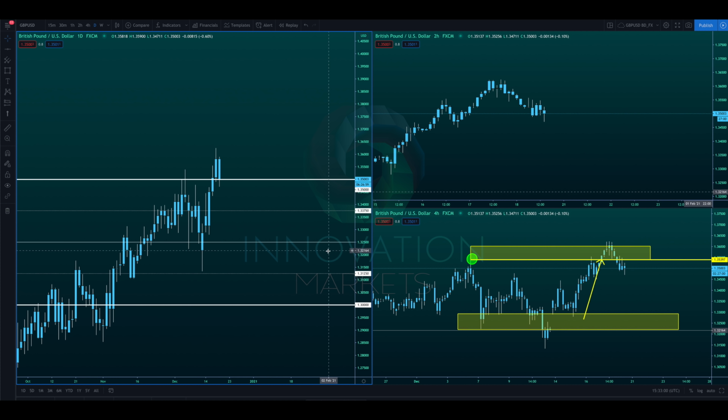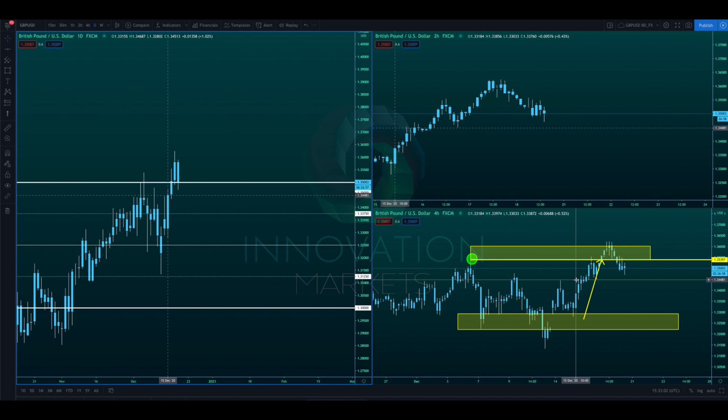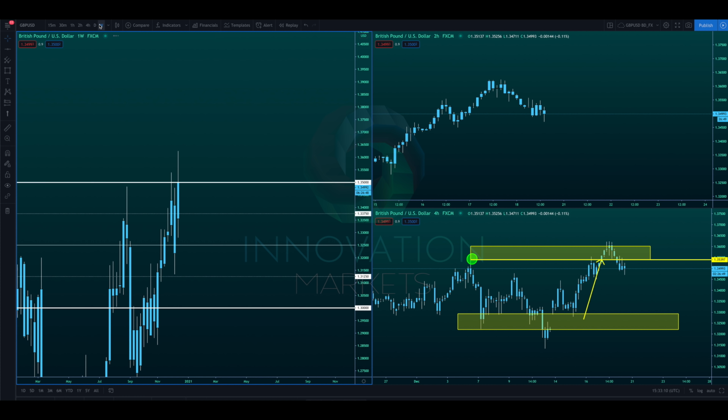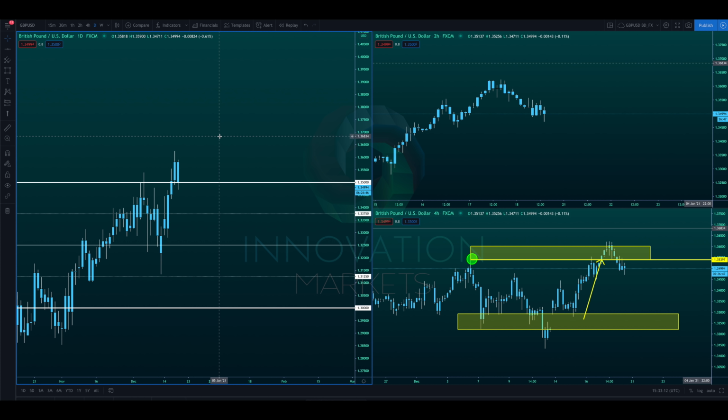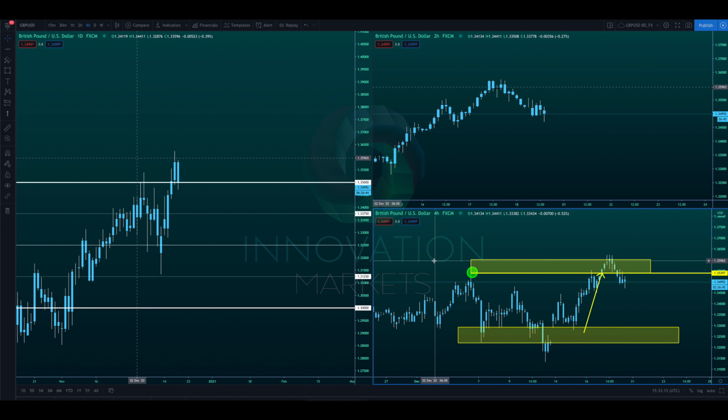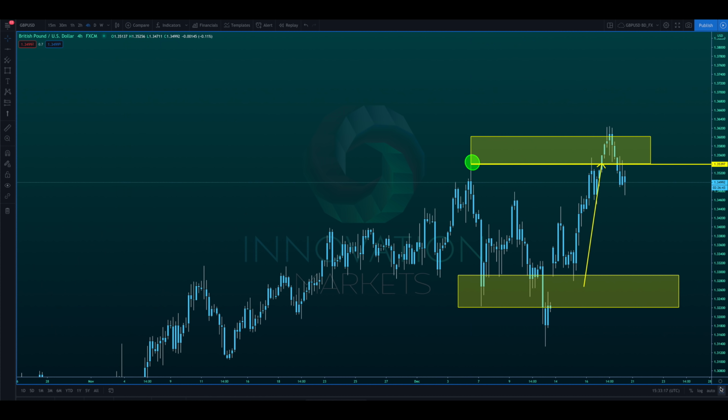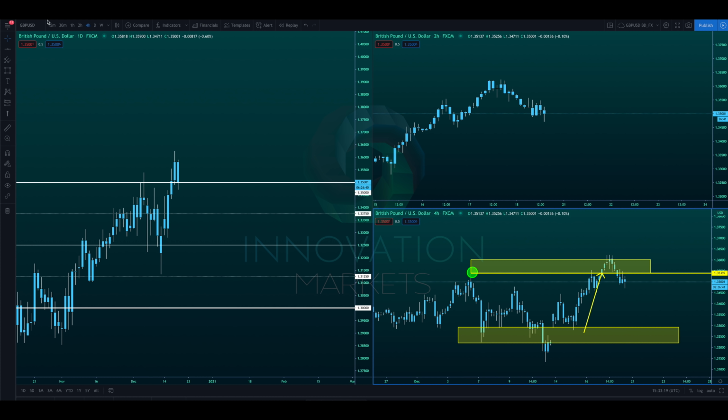But as I said, I'm going to start off with my daily chart. You can see I've got some analysis down here on the right from this week's trading. I've got my daily chart here on the left. I use this chart for my weekly, monthly and daily higher time frames. I use my bottom right screen here, which I can enlarge, for my lower time frame, which is 4 hour.